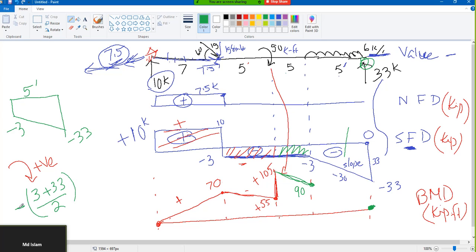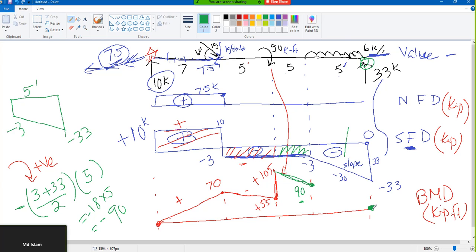That is the average height. What is the distance? 5 feet. So 36 over 2 means 18 times 5. 5 times 18 is minus 90. What is my value here? 90. Minus 90 is 0. So we got the answer. Yes, it is true, and we are on the right path.